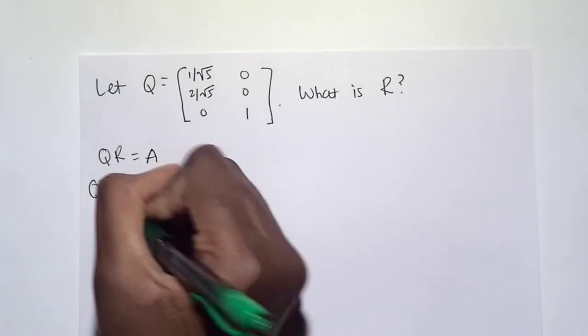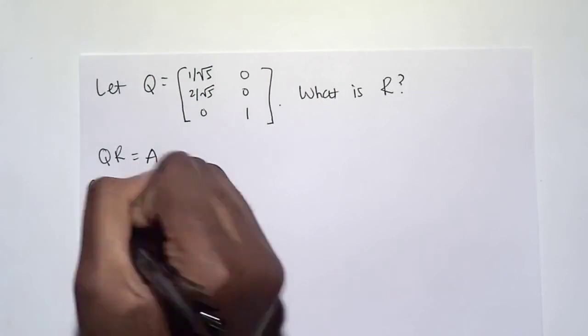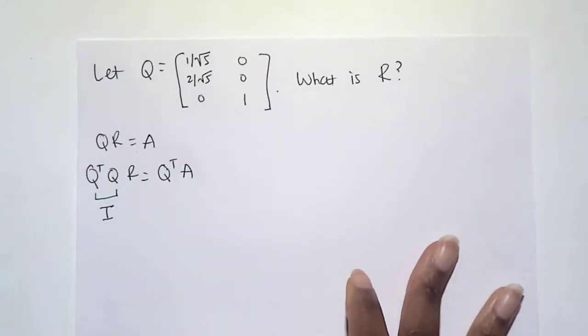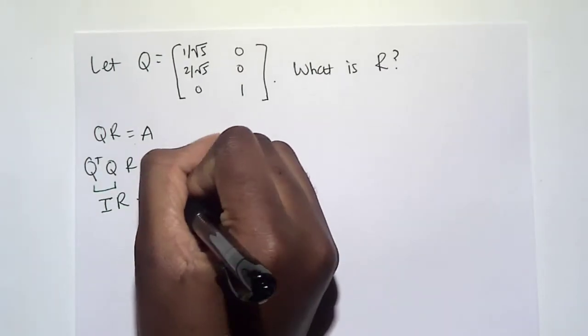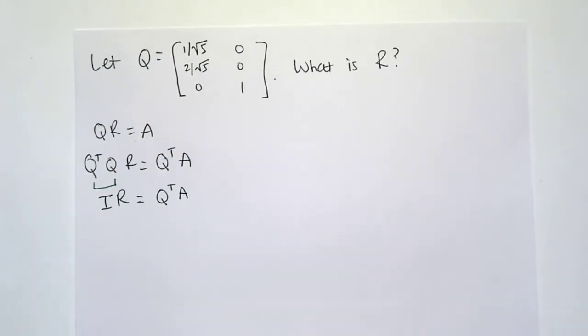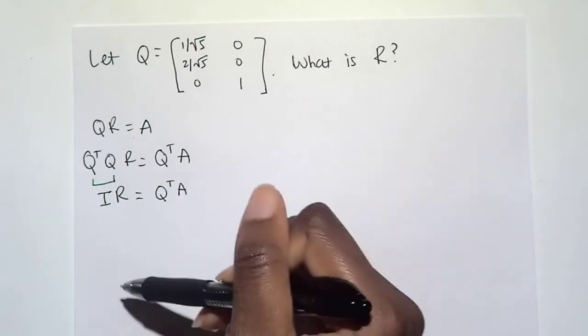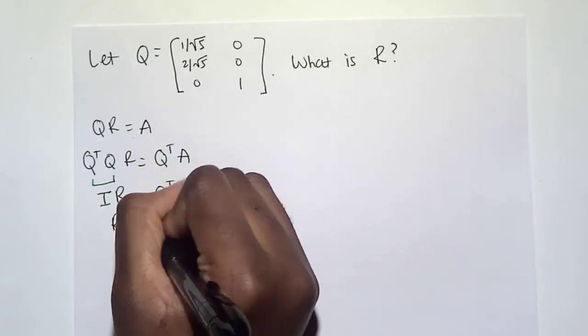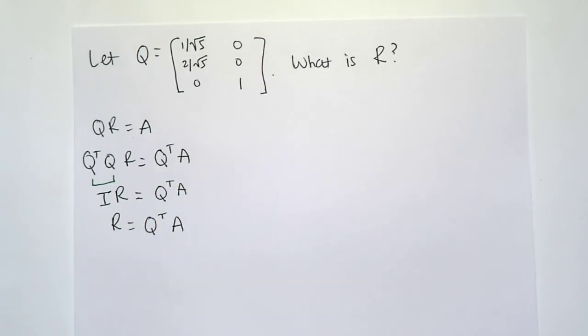Normally, Q transpose times Q doesn't really mean much. However, in this case, it actually equals the identity, which rarely happens. So it turns out, if we're looking for R, all we have to do is multiply Q transpose times our original A.